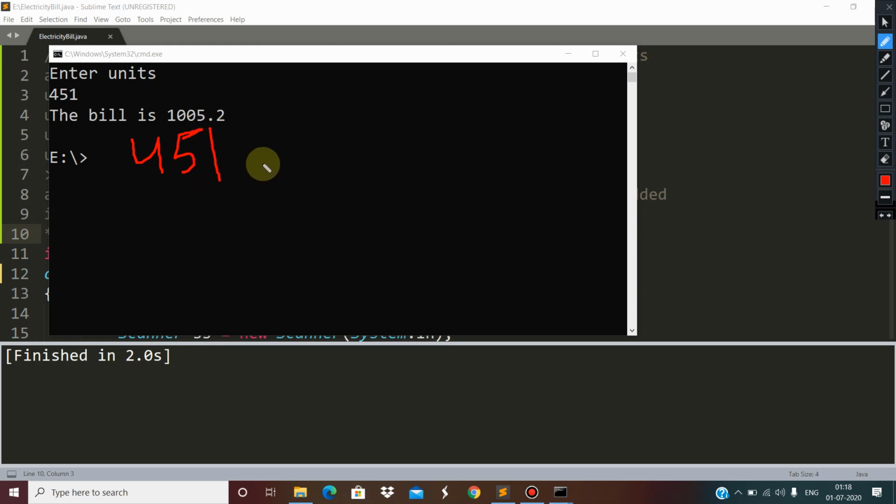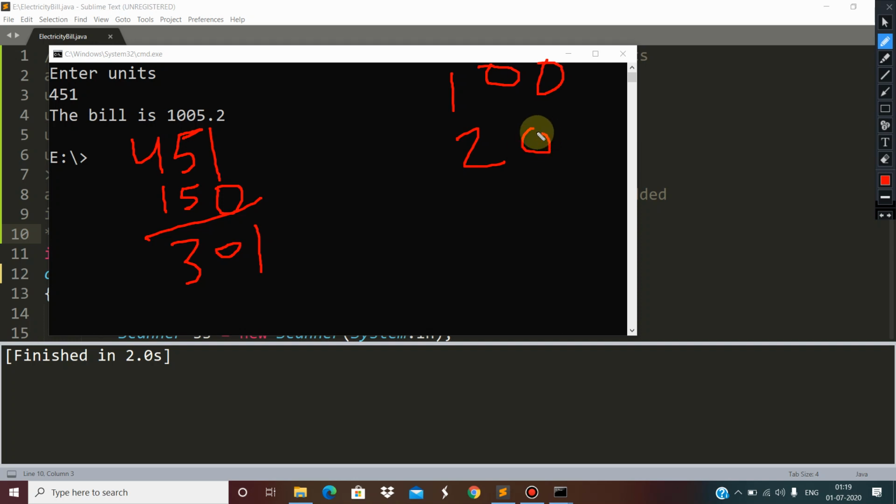Children, it is 451. For the first 150 units the bill is 100 rupees. Subtract 150 from this and you will get 301. Now for the next 100 units the amount charged is rupees 200, because the rate is rupees 2 per unit. For the next 100 it is 300 rupees, as the rate was rupees 3 per unit.